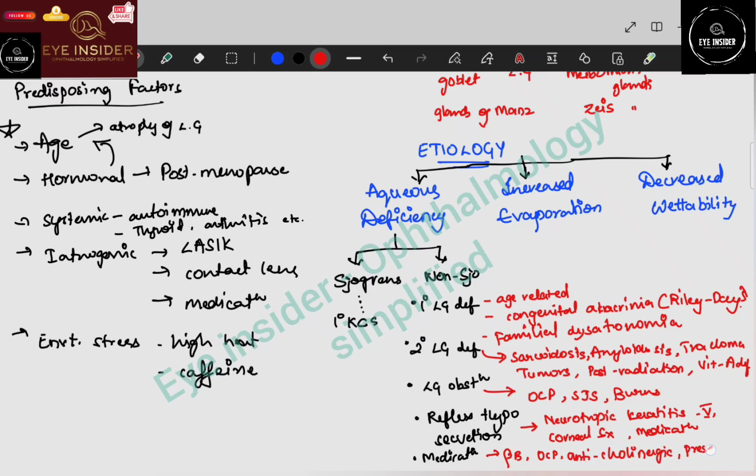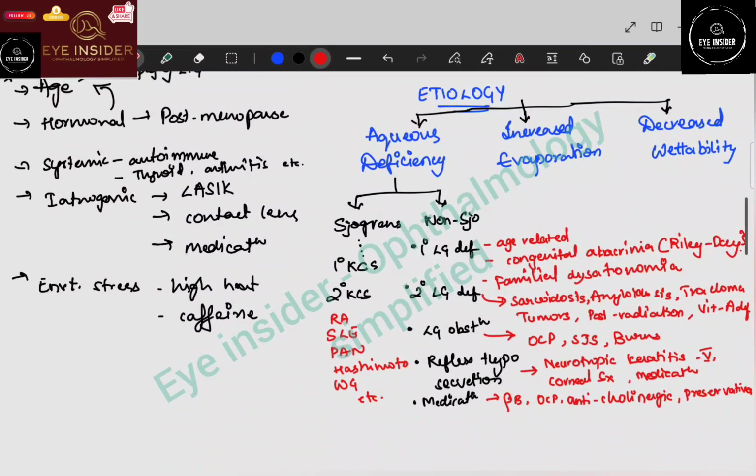So these were the etiology of aqueous deficiency dry eye. Secondary keratoconjunctivitis sicca can occur in rheumatoid arthritis, SLE, Hashimoto thyroiditis, and Wegener granulomatosis.